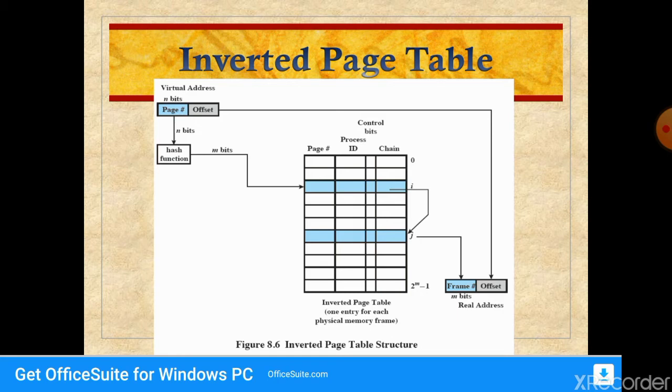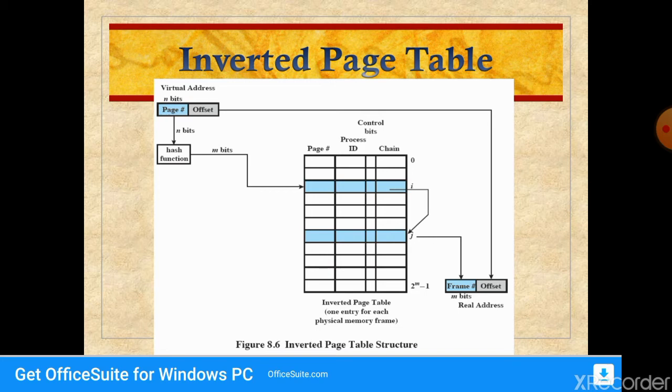The page number 5 is represented in the inverted page table as 5. The corresponding process ID is also entered, and the frame number for page number 5 is 3. If the entry at index 3 in the inverted page table is empty, then these details are filled in.